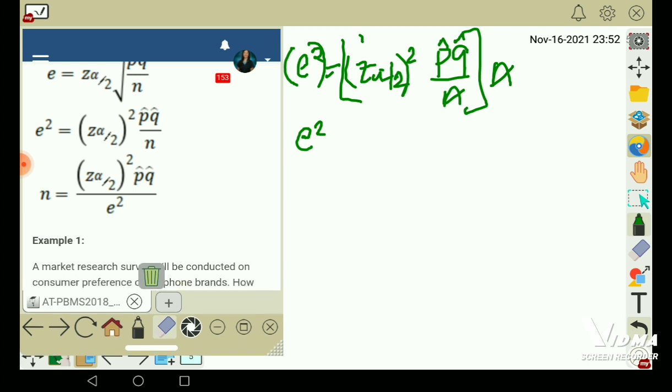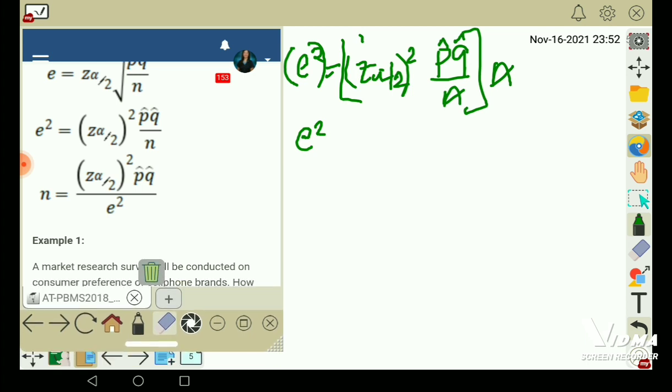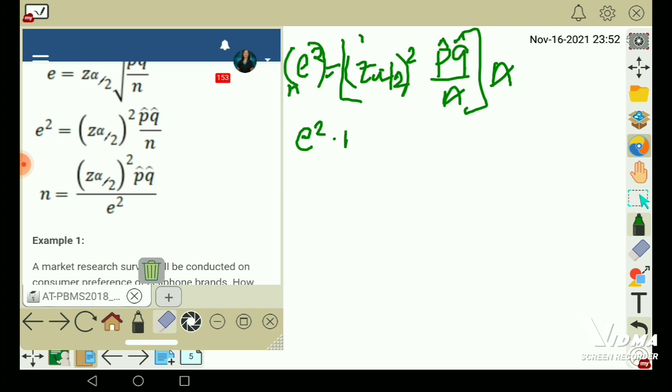Okay, we'll move that one first. We cannot move it already. Times n, because we also multiply this by n. So e squared times n is equal to z sub alpha over 2 squared, p hat times q hat.